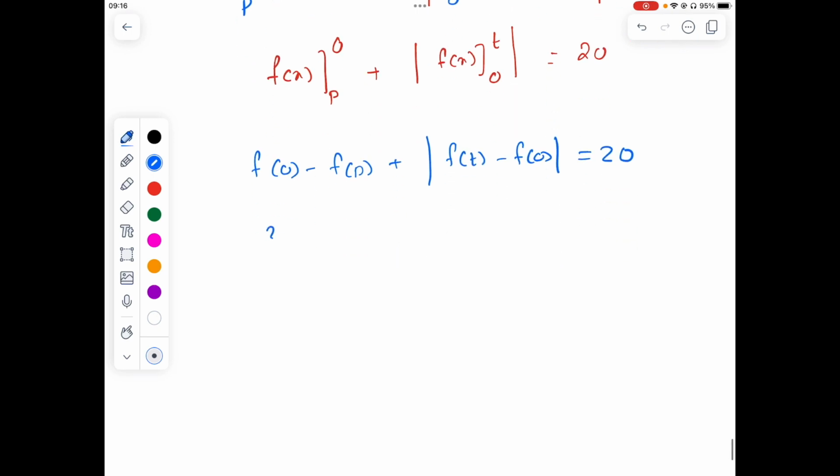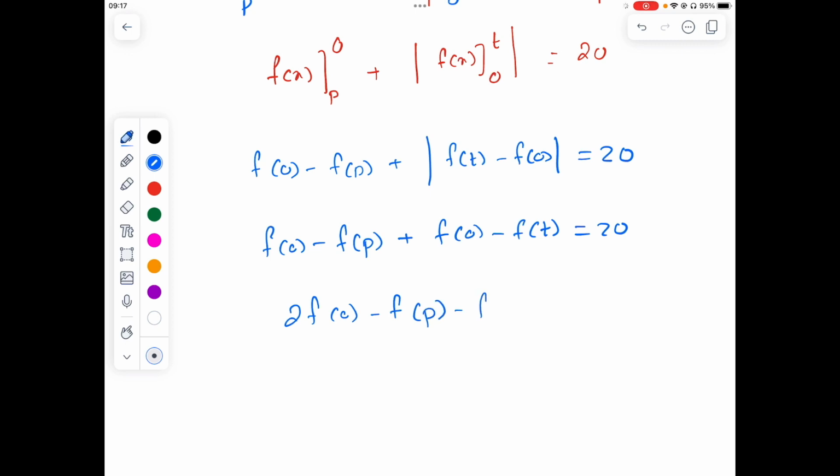But we know that the second part is going to come as a negative answer, therefore I'm going to swap it. I'm going to write it as f of 0 minus f of t equals 20. So 2f of 0 minus f of p minus f of t equals 20.